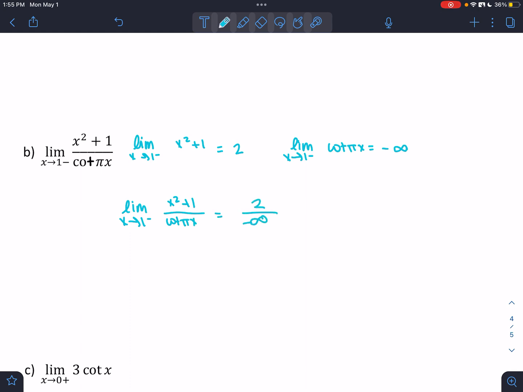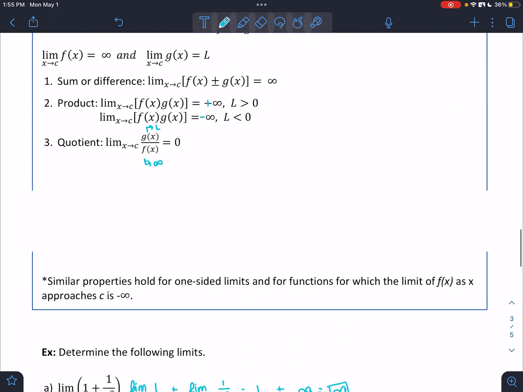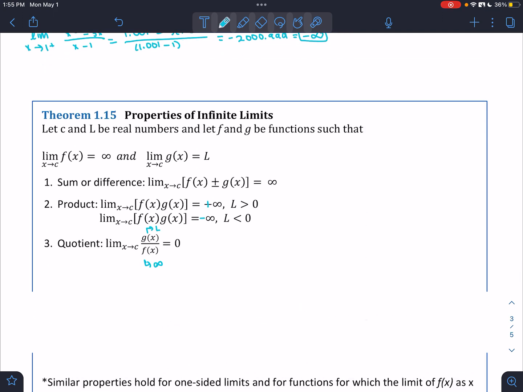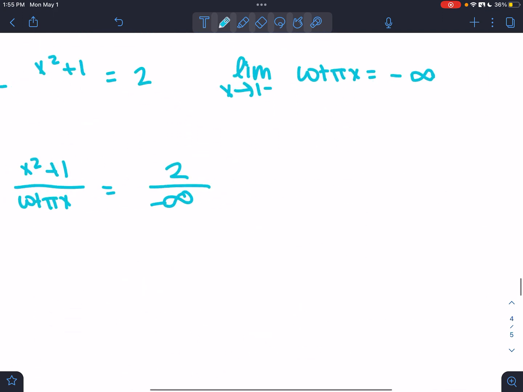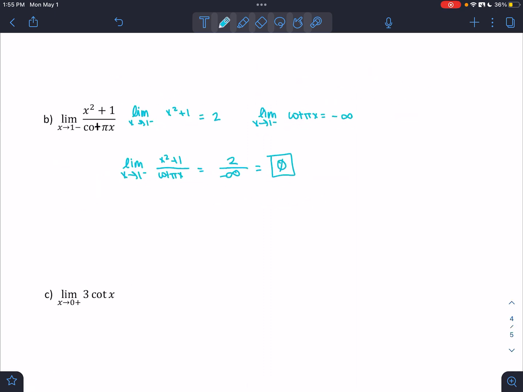What did our property up here say happens if you have a number divided by an infinity? 0. You need to make a note, that's property 3 from the box up above.